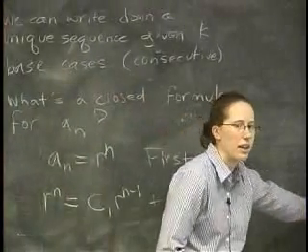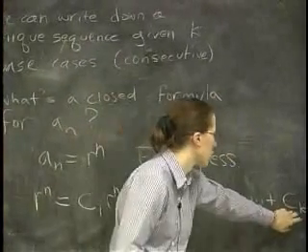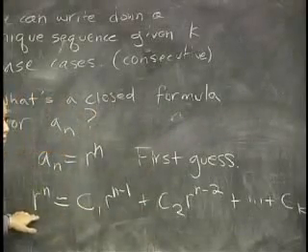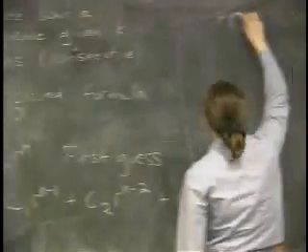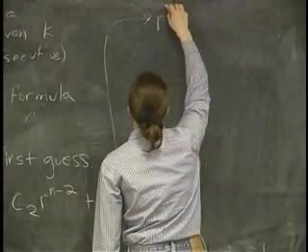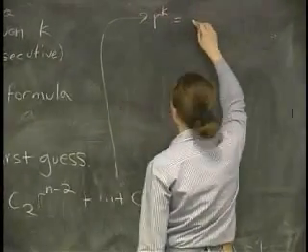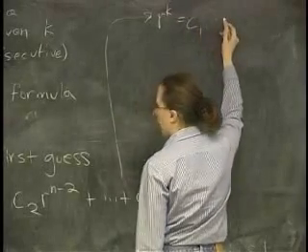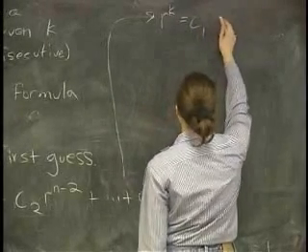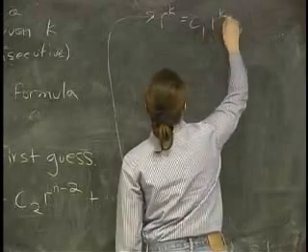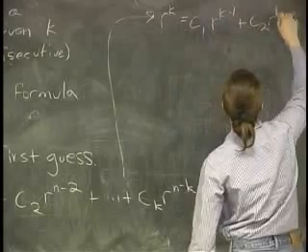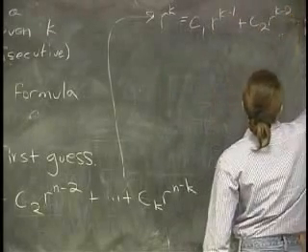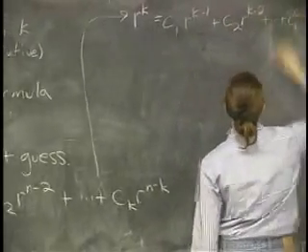To solve for r, first I'm going to divide through by r to the n minus k. So I get this guy down to just a constant, and then all these exponents go down. So this becomes r to the k, then n minus 1 minus n minus k is k minus 1, then k minus 2, all the way down to ck times r to the 0.